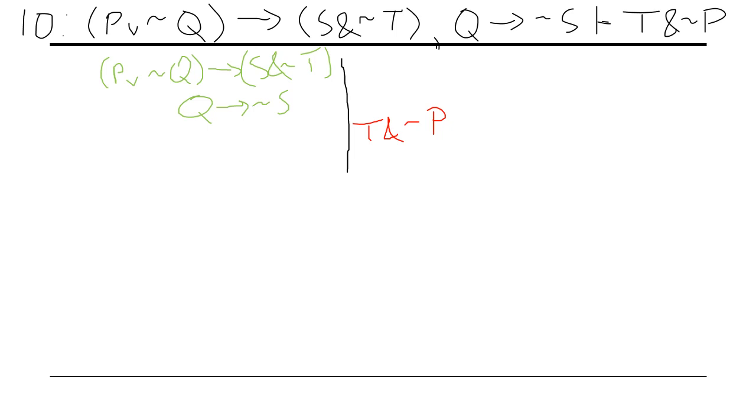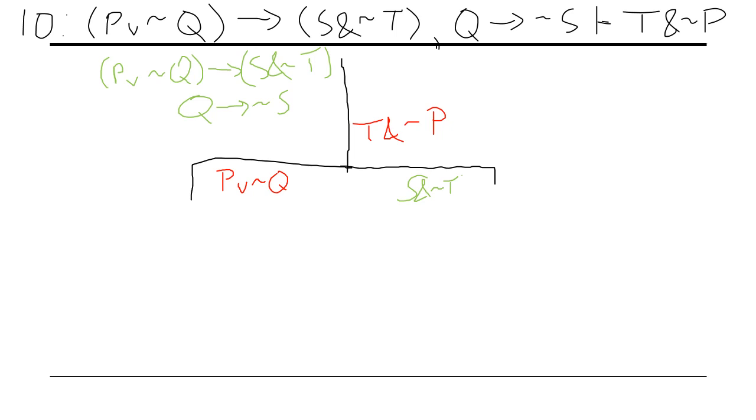So let's look at the first premise. The first premise is an arrow. What makes an arrow true is if the left side is false or the right side is true. And drop these parentheses, which I'll go ahead and do. So let's keep going with this left-hand side.